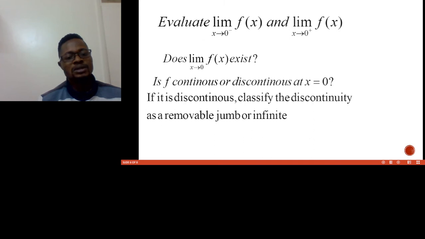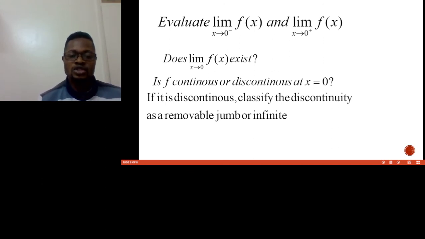Just like the way we did in the first one, we tried to show that the limit as x tends to -1 from the left, which gives us -1, is equal to the limit as x tends to -1 from the right, which also gives us -1. So therefore, we concluded that that limit exists.